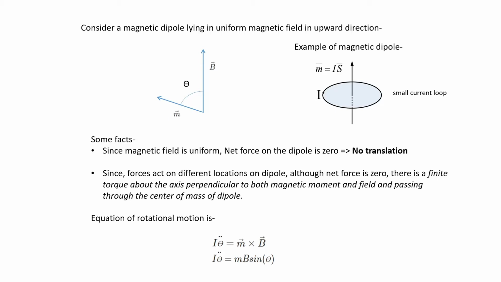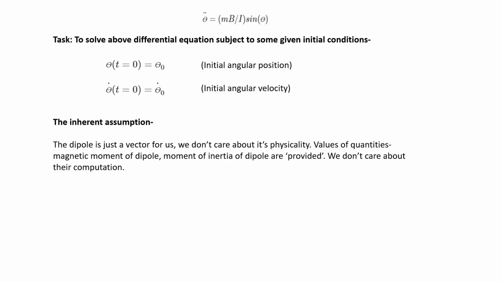And vector m is the magnetic dipole moment, and vector B is nothing but uniform magnetic field. In this case, as it can be seen from the figure, the right hand side reduces to mB sine theta. Moving forward, this ODE can be simplified to theta double dot is equal to mB by I sine theta.